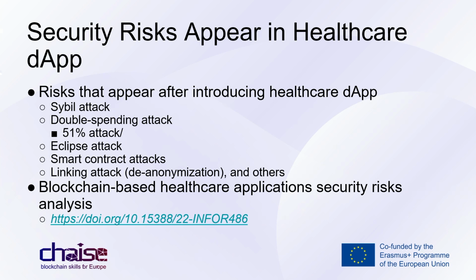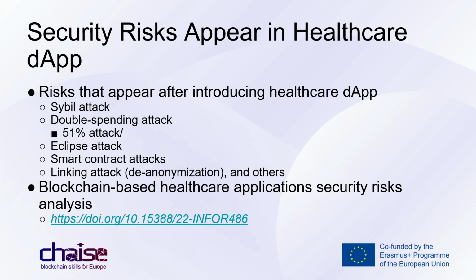Blockchain is a technology and it has various security threats as well. Either those security threats are inherited from different technology infrastructure which blockchain is using, or new security threats appear in blockchain based applications or blockchain technology.